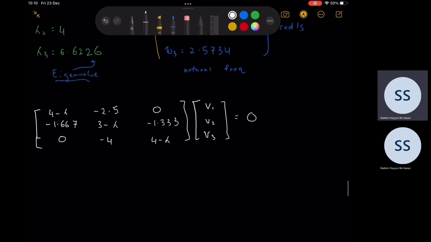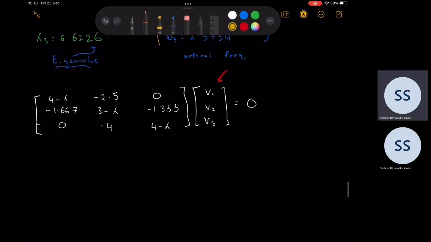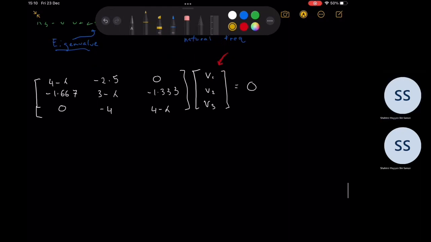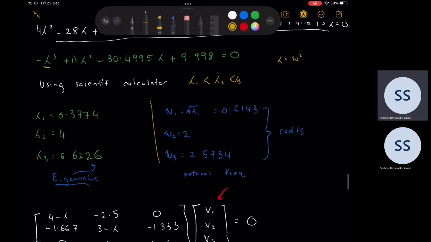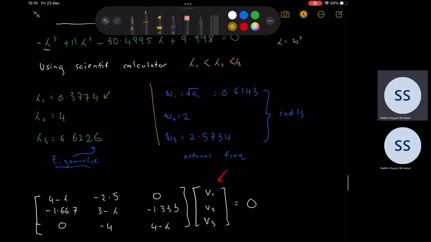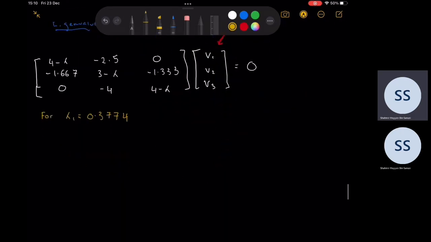Now remember that for the eigenvector, we want to identify V1, V2, and V3. So how do we identify the first eigenvector? In order to obtain the first eigenvector, we need to use the first eigenvalue, where lambda 1 is equal to 0.3774. Lambda 1 will give us the first eigenvector.